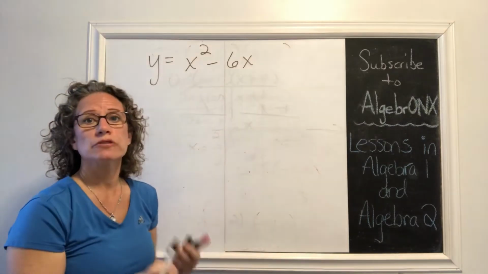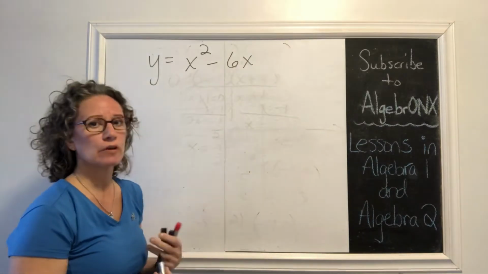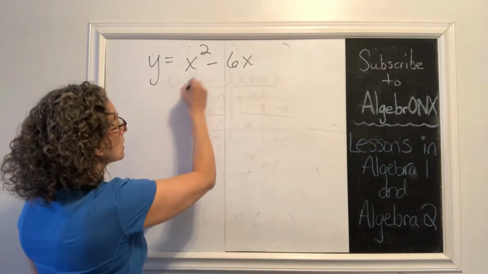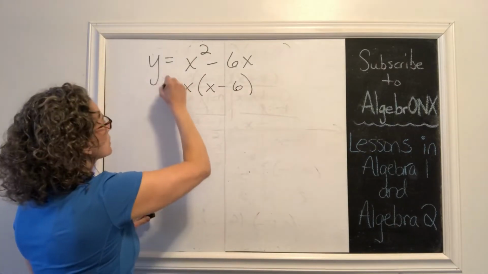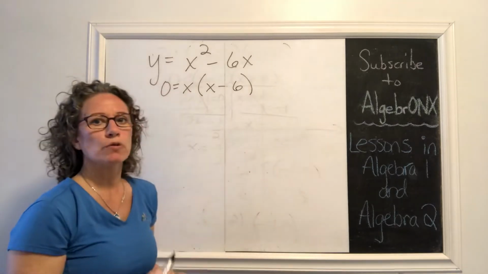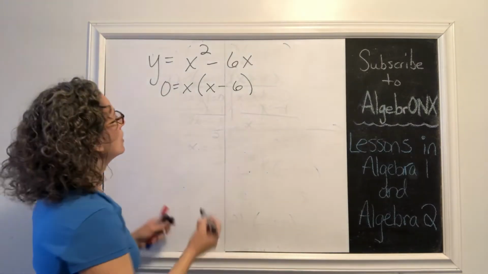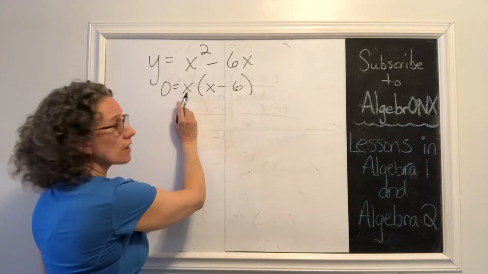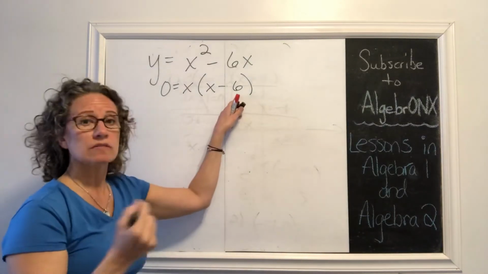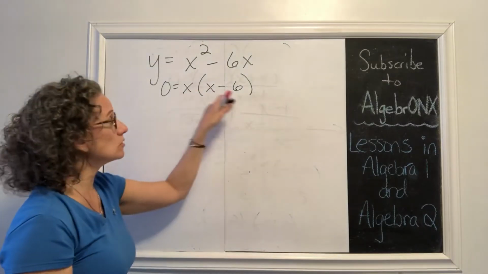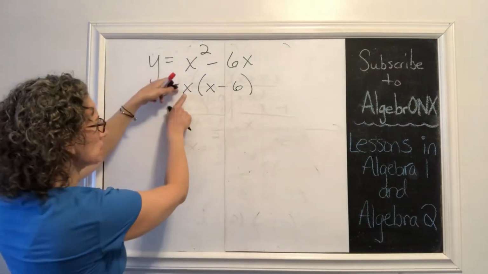A GCF is the lowest power of the variable in common. So the x comes out, and then you've got x minus 6, and you set those factors equal to 0 because, again, we're solving for where y is 0. Now, x is a factor by itself, and x minus 6 is another factor. So there are still two factors, but this is a really simple one.